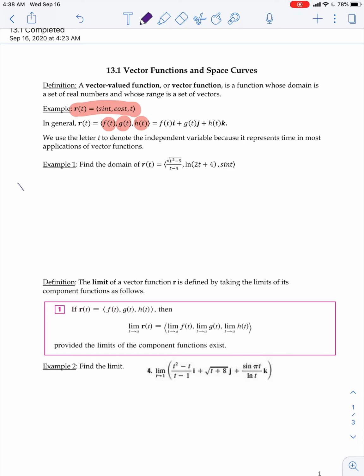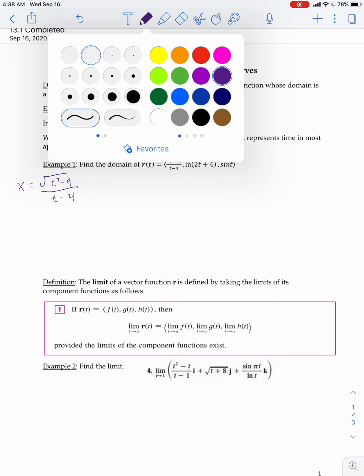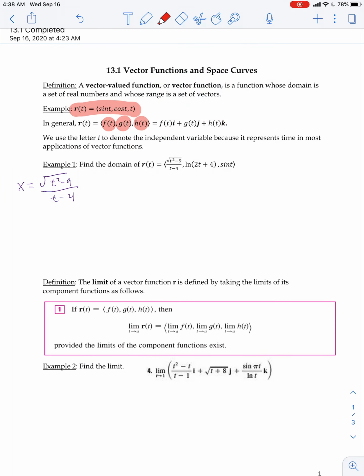And so we have r of t. Our component for x is going to be defined by this function, the square root of t squared minus 9 over t minus 4. Because we want to determine the domain of our entire vector, we need to determine the domain of each component. So the domain of the first: what is x not allowed to be?